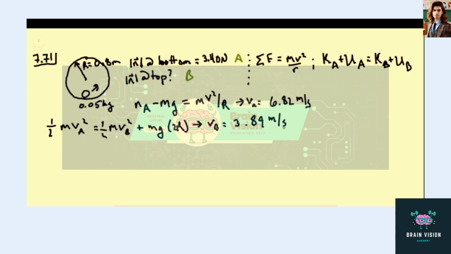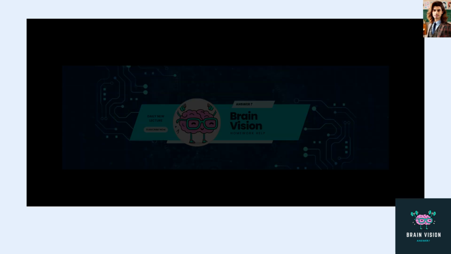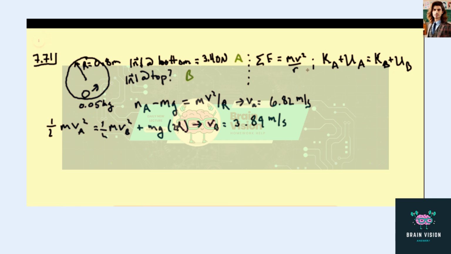And so now we go back to Newton's second law with what we know about circular motion. So the normal force at B, if you're wanting to find it, plus the weight is equal to m vB squared over r.